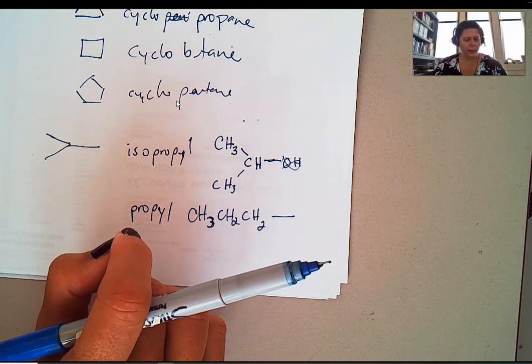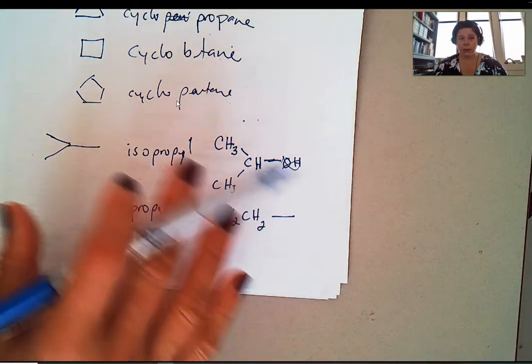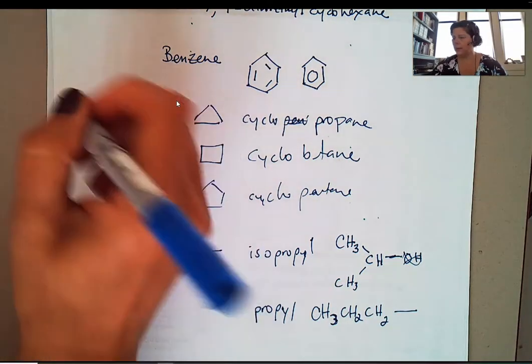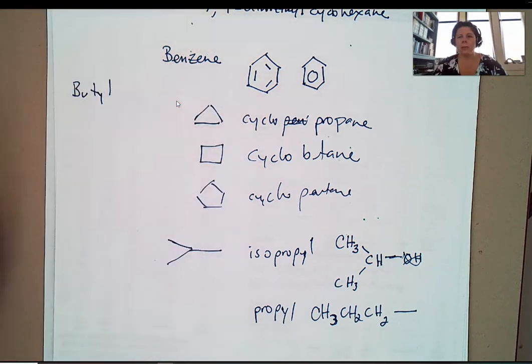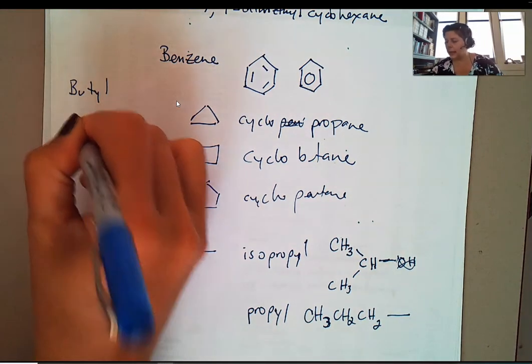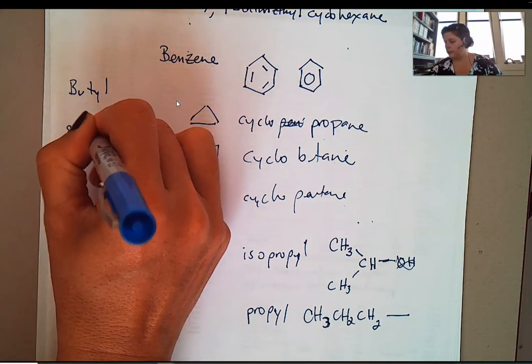Now there is butyl. So butyl also has these kind of weird things going on. So we have butyl. How many carbons is butyl? It's a 4-carbon chain that comes off of it. You can have something called sec-butyl.